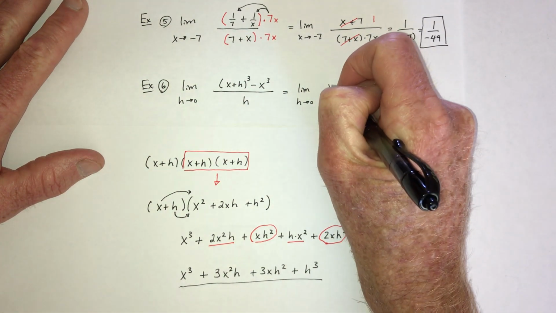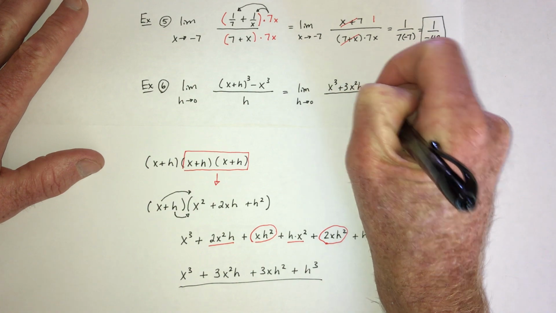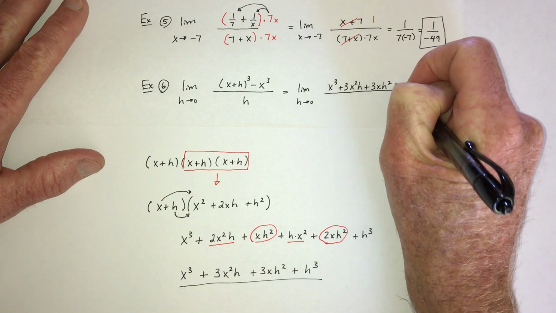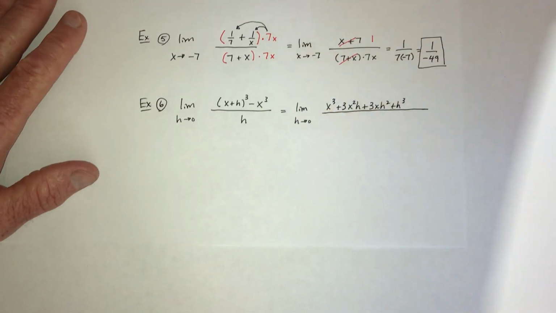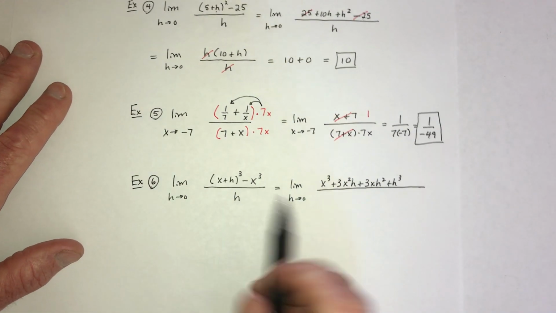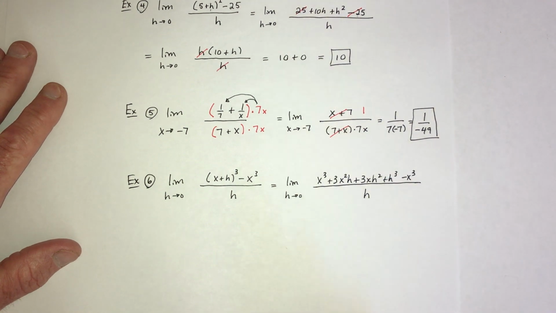So it's got x cubed plus 3x squared h plus 3x h squared plus h cubed. Okay, then there's also this minus x cubed, and the whole thing is divided by h.